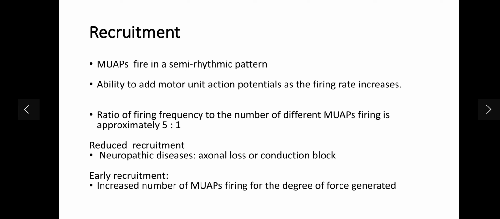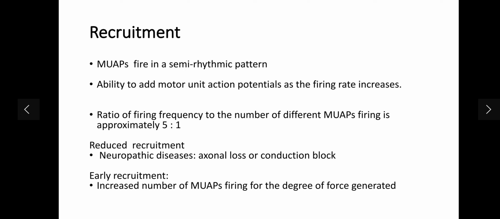When you ask the patient to contract, to activate the muscle, it will start with a single motor unit firing, and then when you ask the patient to increase the force, the frequency of this motor unit firing will increase. When it reaches a certain frequency, usually 10 hertz, you expect recruitment of another motor unit, and then when this other motor unit increases in frequency, you expect a third motor unit, and so on.